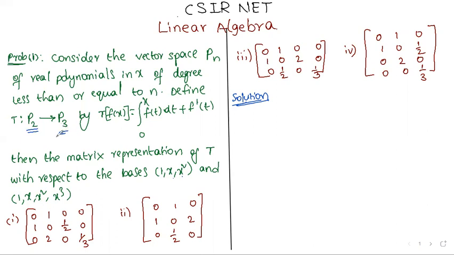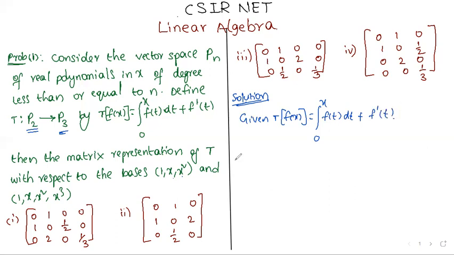We begin with the given linear transformation. Given T of f(x) equals integral 0 to x f(t) dt plus f'(t).